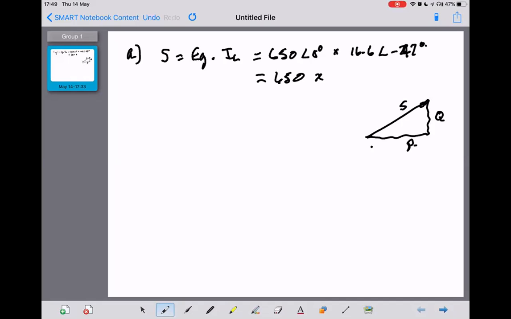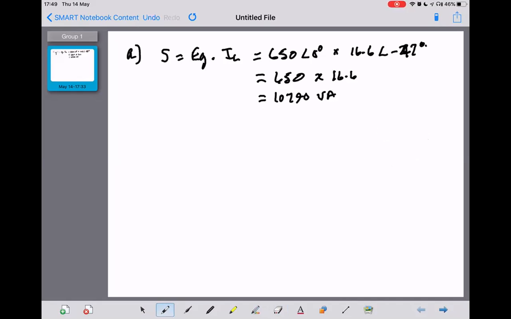All right. So if I forget, it doesn't matter, because if you put that in the exam, you still get your marks. So I won't worry about it, because it isn't actually relevant. So you should be doing that times 16.6, and your answer was 10,790 VA. Yeah, that's what I got as well. 10,790 VA.